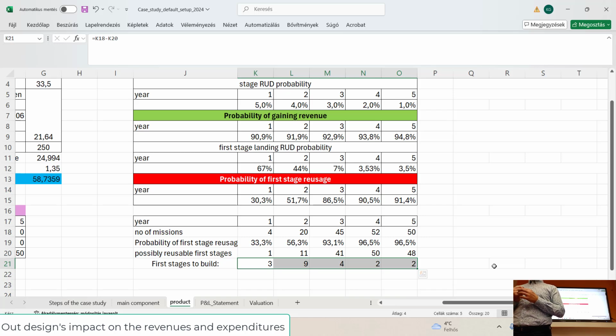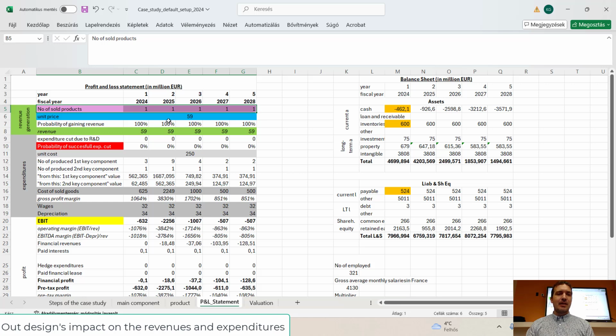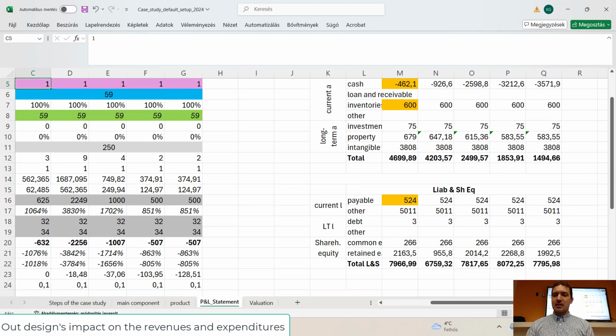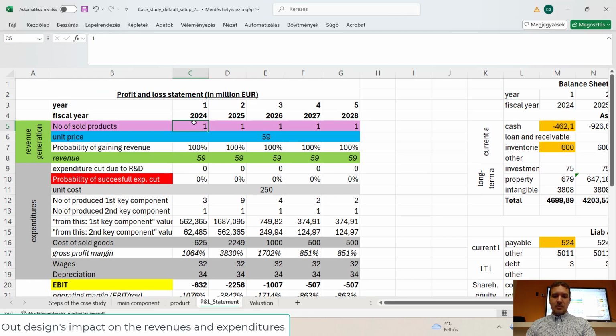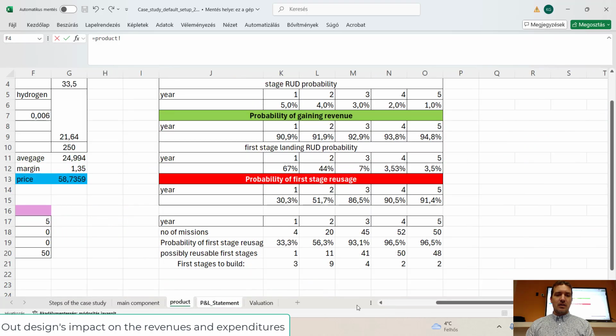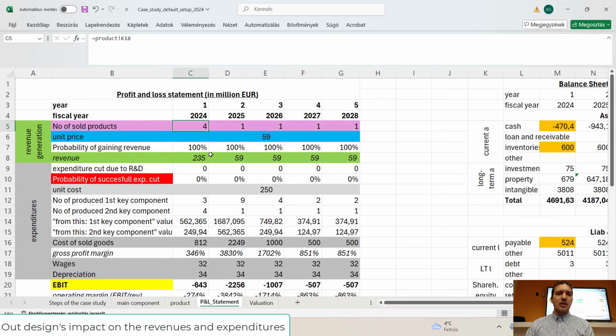So let's see what the impact on profitability is. Number of sold products, obviously we have to modify this one as well. So we have to pick this line, and after that we can just roll it through. Also, I would like to change the years, because now it says 2024.